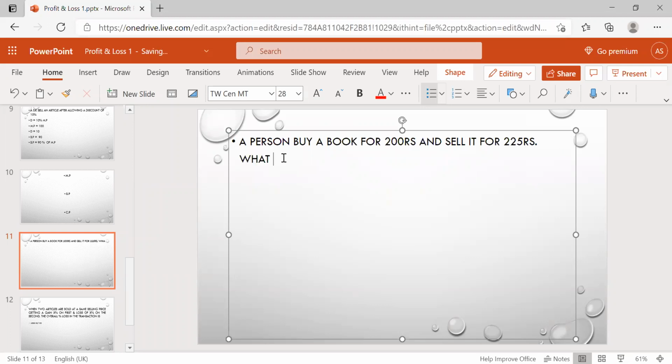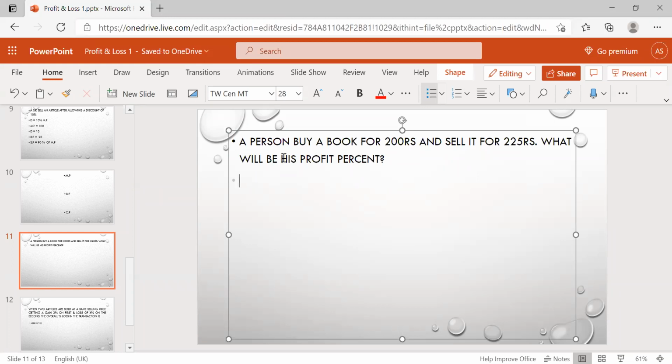What will be his profit percentage? Profit percent. Okay. Now calculate and say by using the formula.